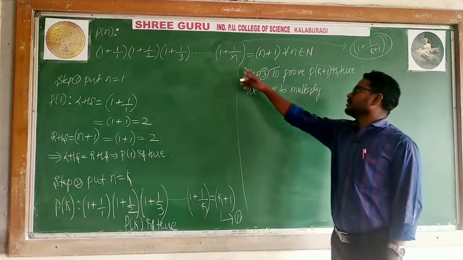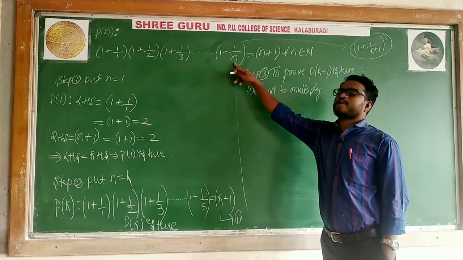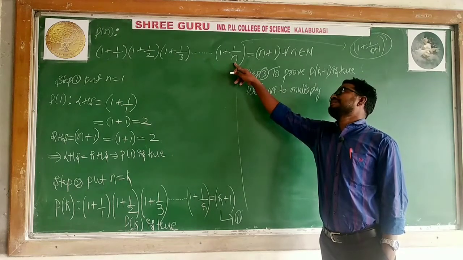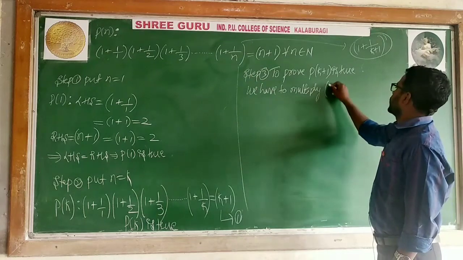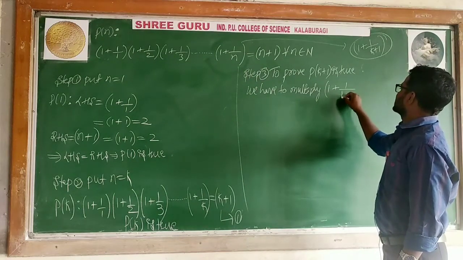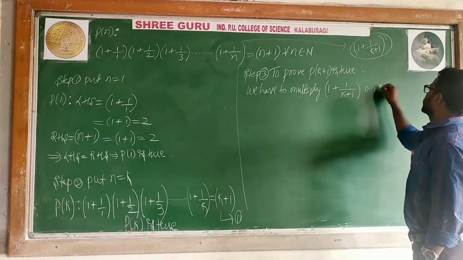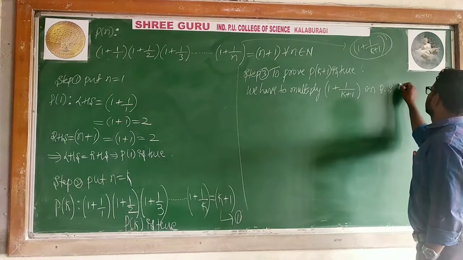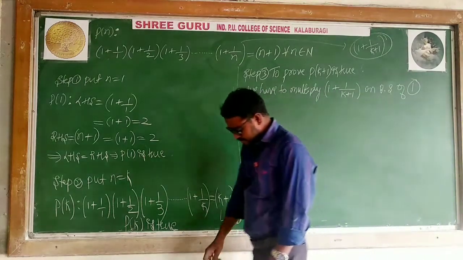In place of n, put k plus 1 and simplify, but in this problem it is not necessary to simplify. 1 plus 1 by n is 1 plus 1 by k plus 1. This you have to multiply on both sides of equation 1. What is equation 1?